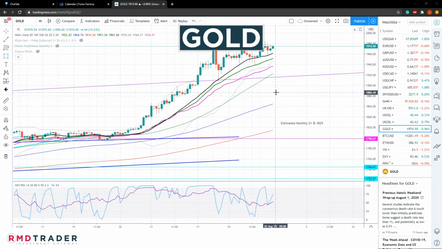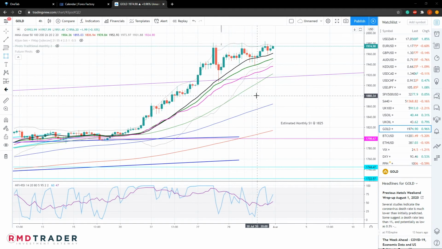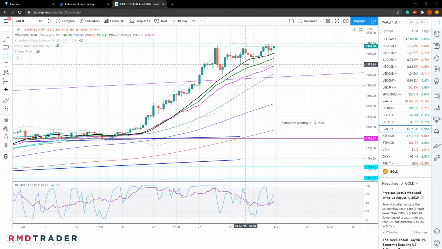Gold continuing its spectacular bullish run last week, with price now finally hitting some overhead resistance at 1,975. That is even above our yearly R3 pivot, which is a very, very exceptional event. We set out a stretch target for gold last week at 1,955, so that would be the area in this area over here.